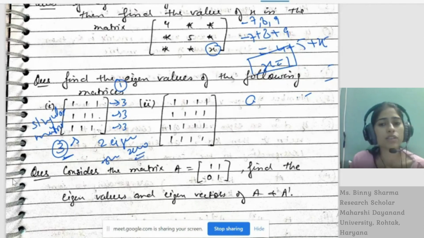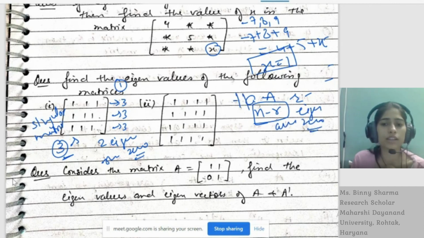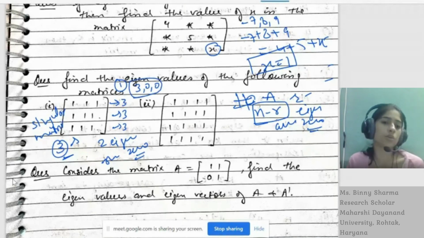If A is a matrix whose rank is R, then at least n minus R eigenvalues are 0. This is the result which we have applied here. So here the rank is 1, so at least 2 eigenvalues are 0. So the eigenvalues of this matrix will be 3, 0 and 0.